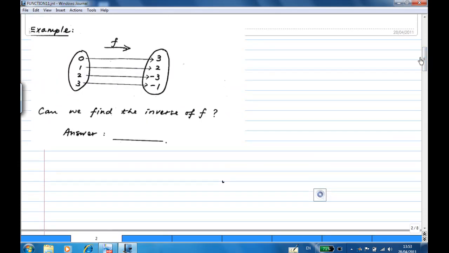How about this one? F is a function that sends 0 to 3, 1 to 2, 2 to -3, 3 to -1. Can we find the inverse of f? In this case, we find that from the arrow diagram, this is a 1 to 1 function. So it has an inverse.